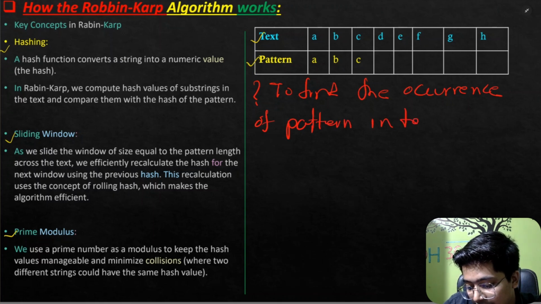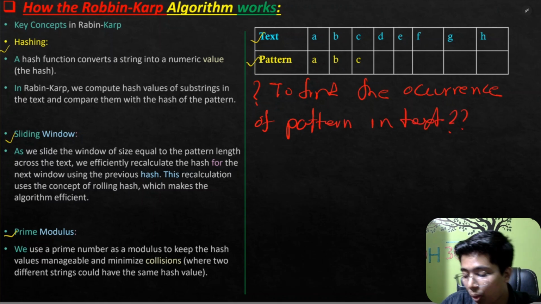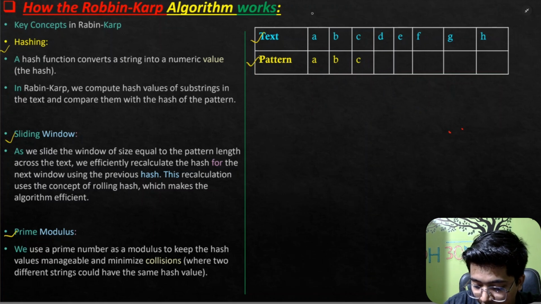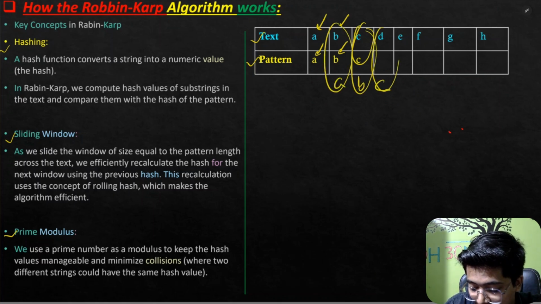Pattern in text. That is our main goal, that we want to find this. So how the Rabin-Karp algorithm actually compares is, first, in the naive approach, it compares these two. After that it's moved like this, and now they are again matched, and again matched.